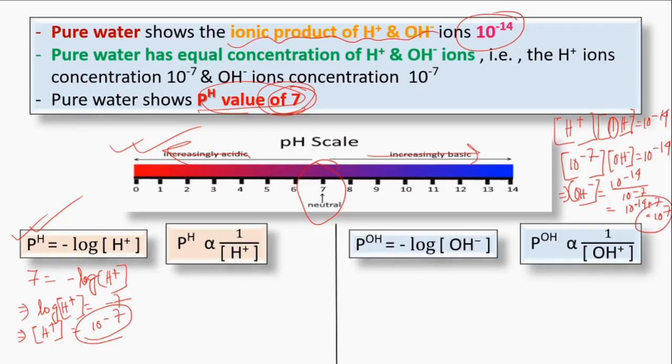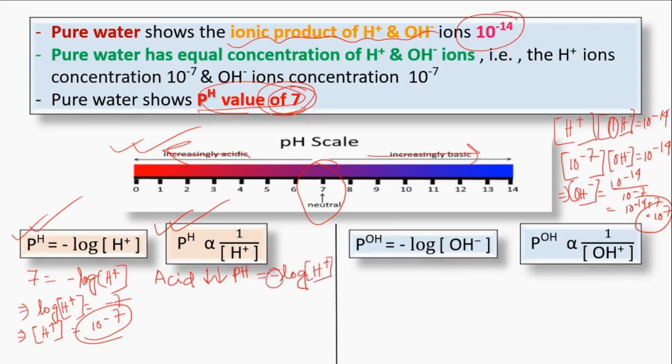That means pure water shows equal concentrations of both ions, and as you can see, pH and hydrogen ion concentration show an inversely proportional relationship. We all know that acid shows a lower pH, and lower pH means negative log H plus ion.